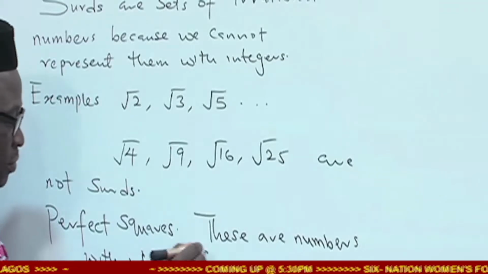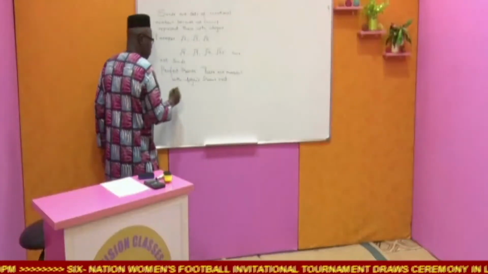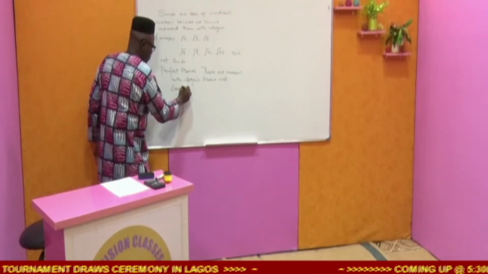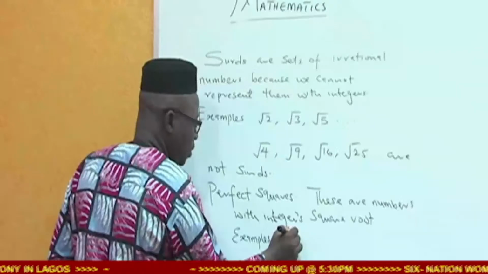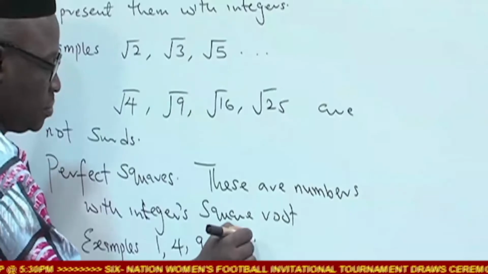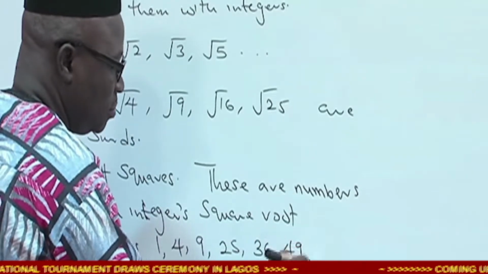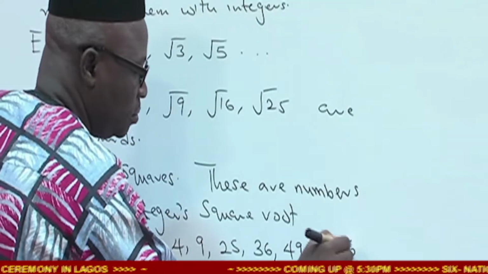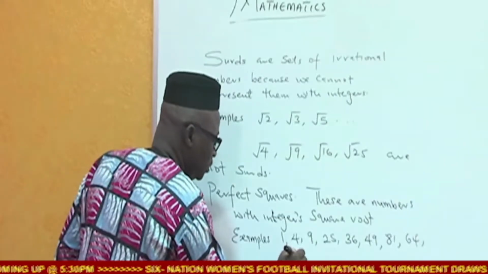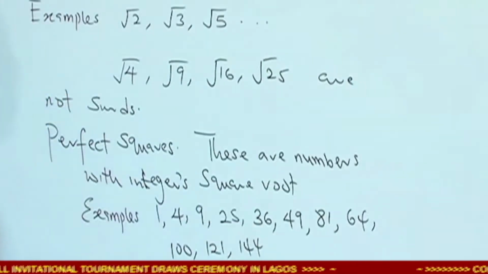Integer square roots. Examples, we have 1, 4, 9, 25, 36, 49, 81, 64, 100, 121, 144.